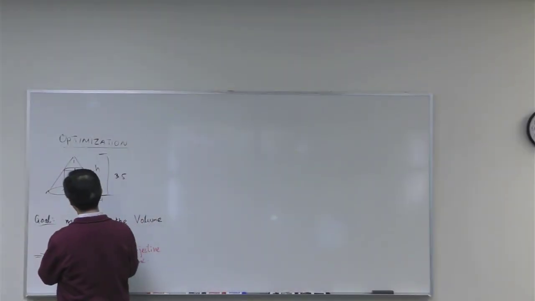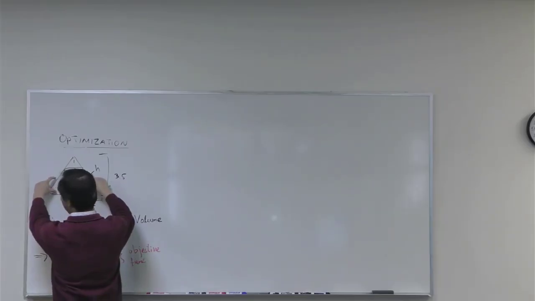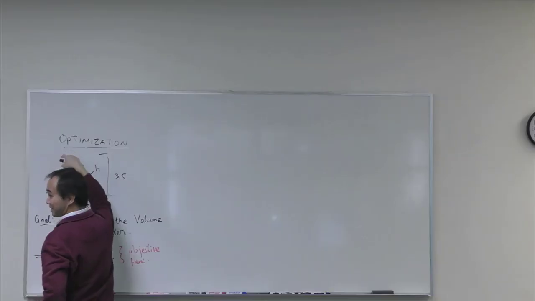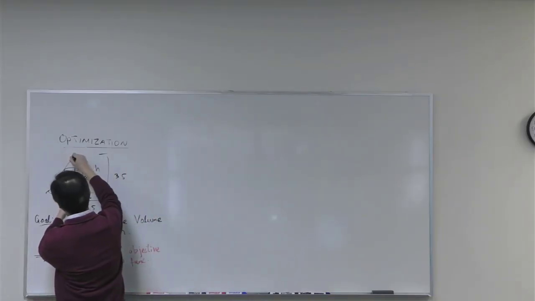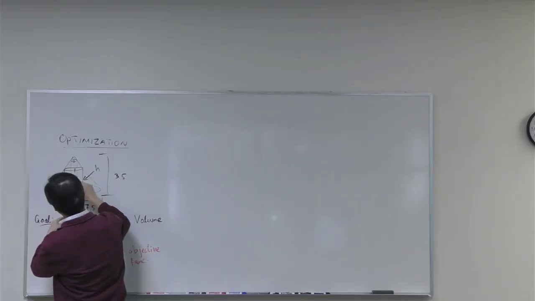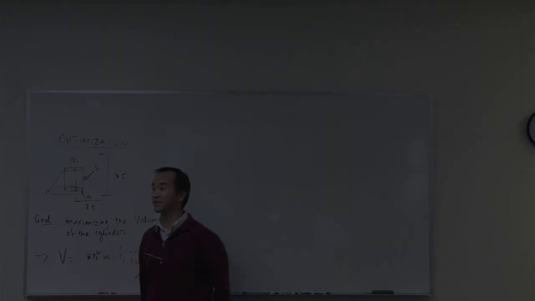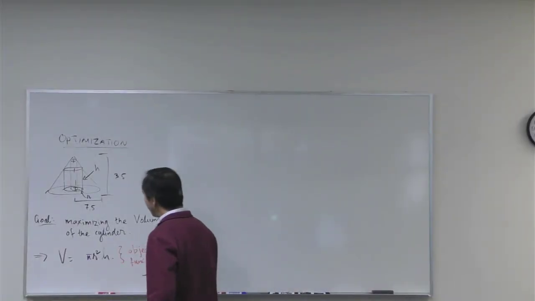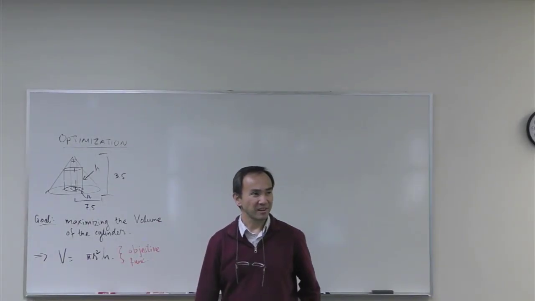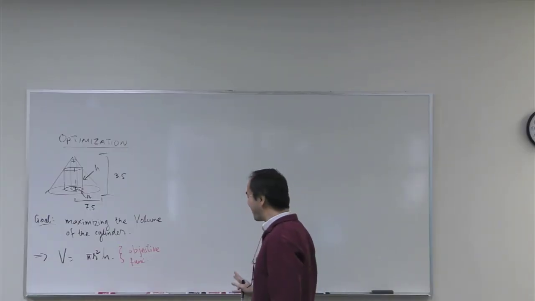You can make your radius bigger, but then it has to be shorter, because we want the cylinder to be inscribed. Or you can make it really tall, like this, with a real small radius. That's the idea. And so we need to come up with some constraints here. The constraint this time is a little hard to recognize.